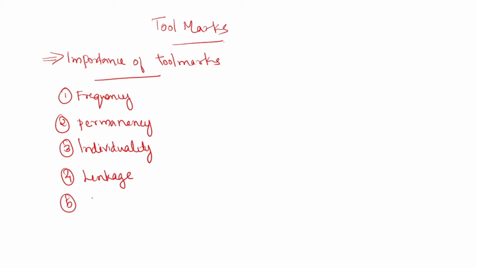And the fifth characteristic is reconstruction. Frequency, permanency, individuality, linkage and reconstruction are the main characteristics of tool marks, and because of these characteristics, tool marks have great evidentiary value in criminal investigation.